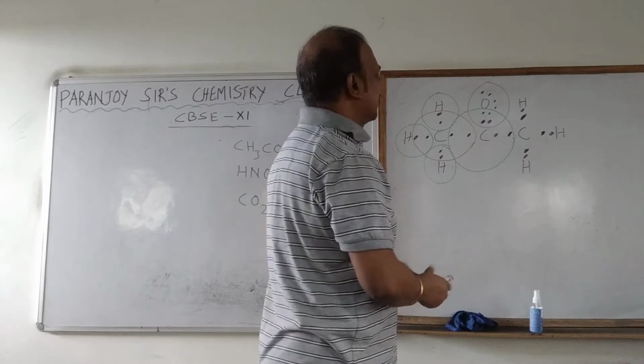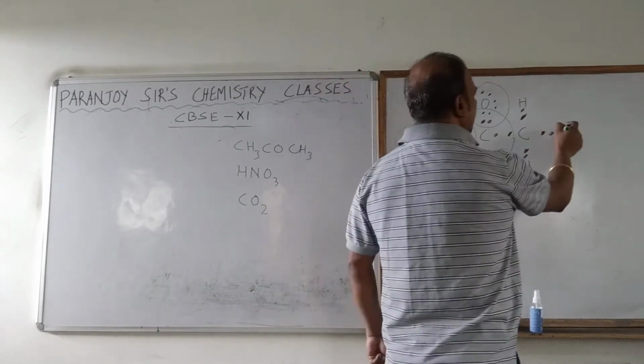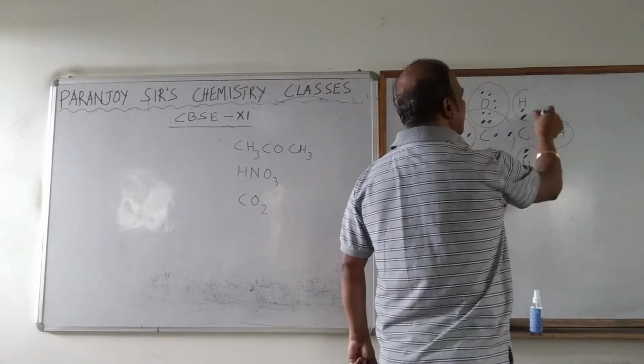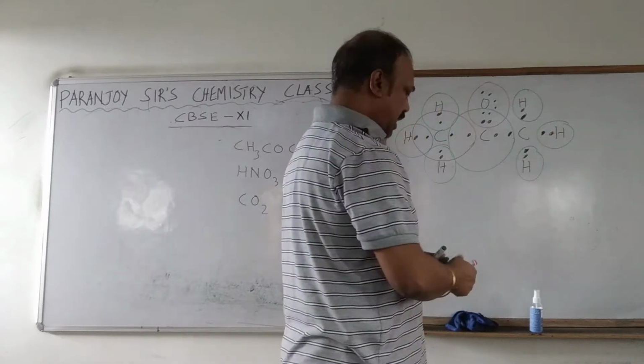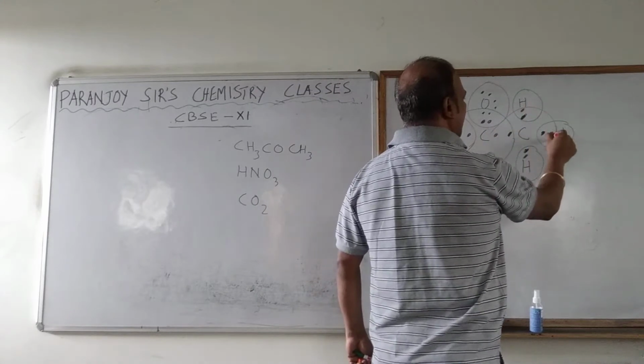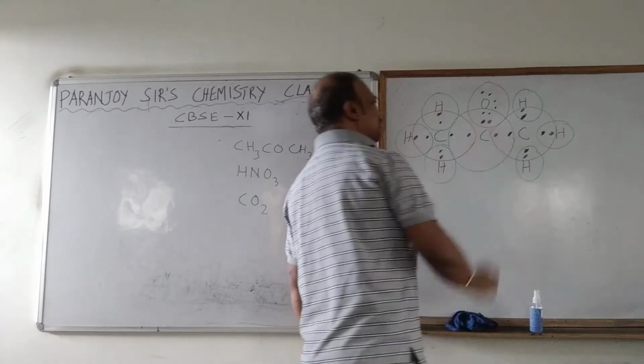This carbon atom, and these hydrogens, 1, 2, 3, each has 2. And the carbon atom, 1, 2, 3, 4, 5, 6, 7, 8. So this is the structure.